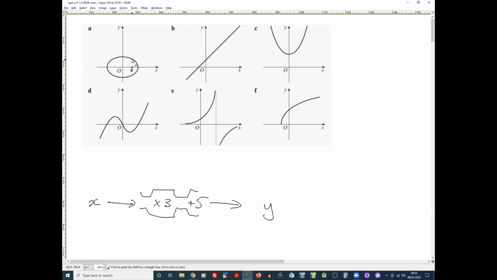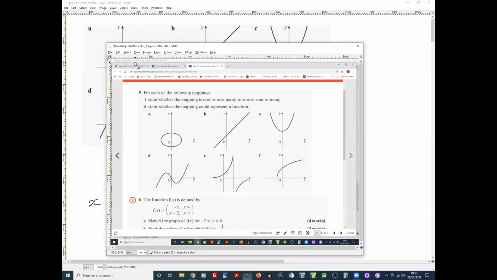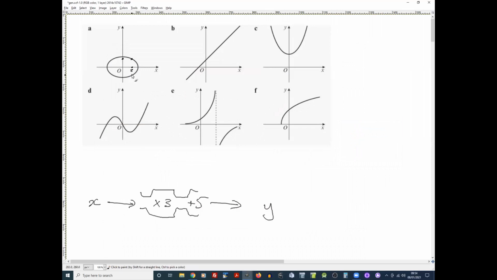But what it's telling us is that there is an output here of whatever that is, 3 or something. No point in putting numbers in there, really. But the point is, this input has that output, but it also has another output. So it's one to many, then. Yes, that's right.